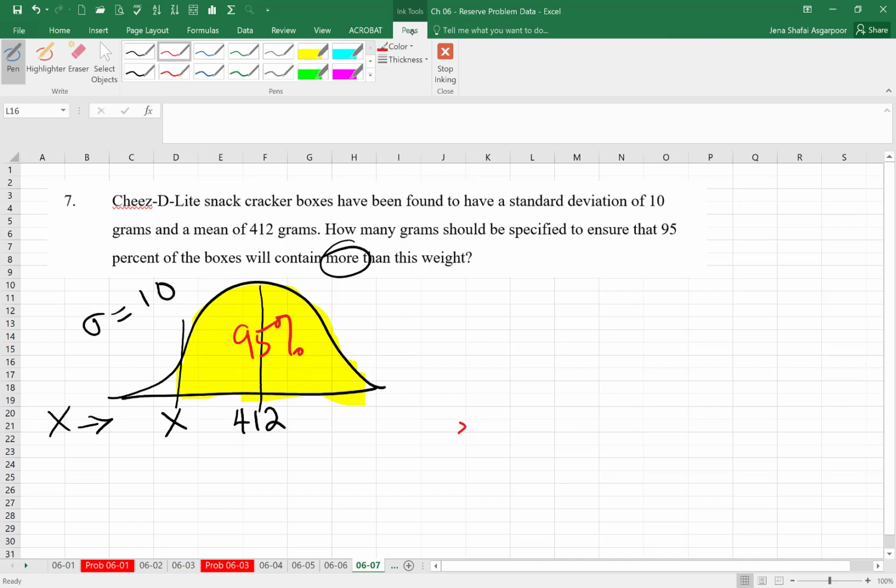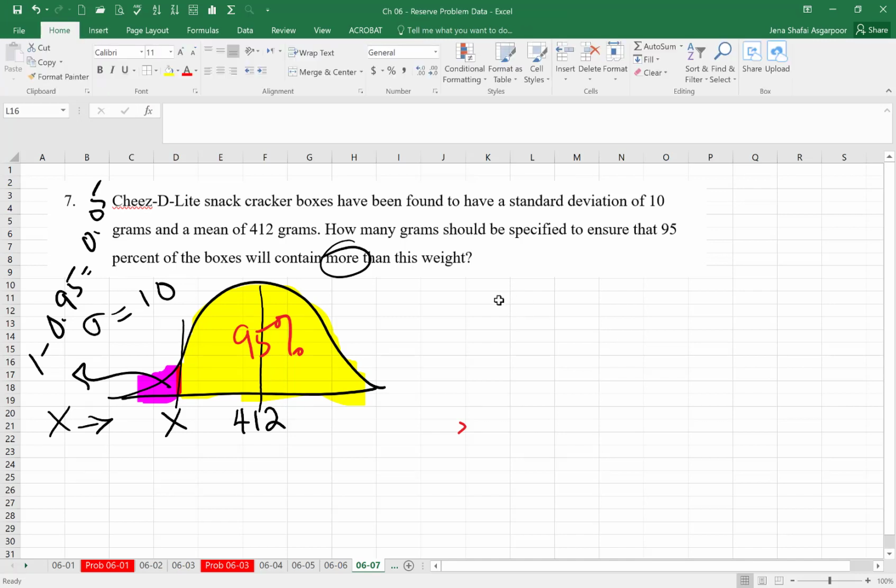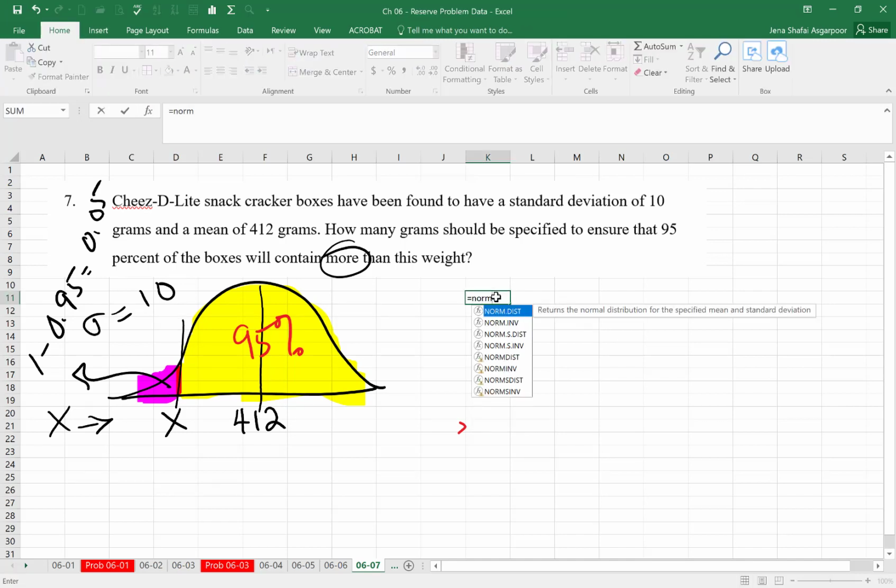Okay, so we know that this area right here is 1 minus 0.95 or 0.05. So I'm going to write that formula again, equals norm inverse, and the probability we know is 0.05 because it's the area to the left of the point we're looking for.